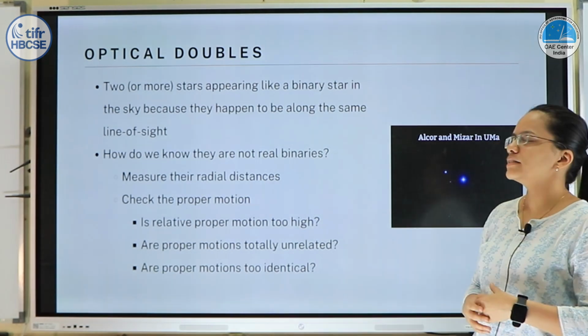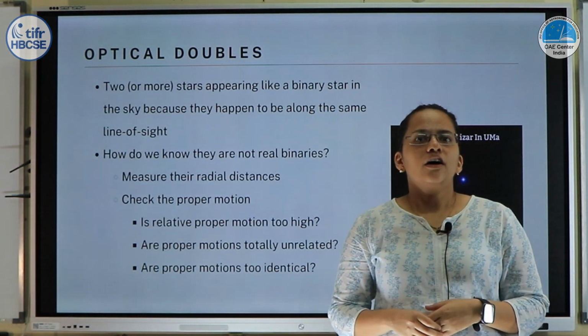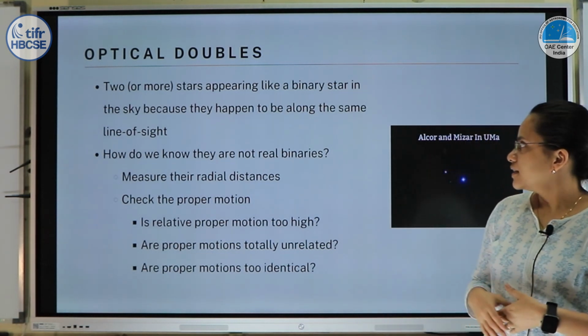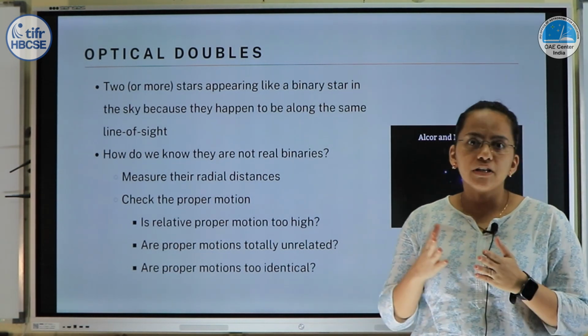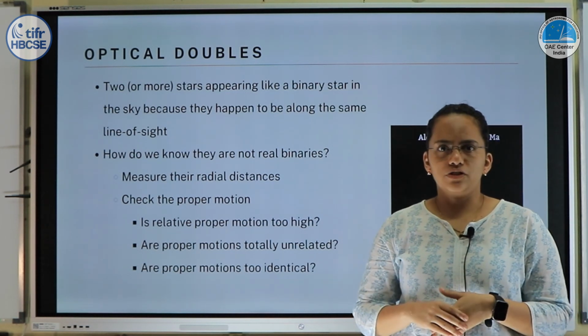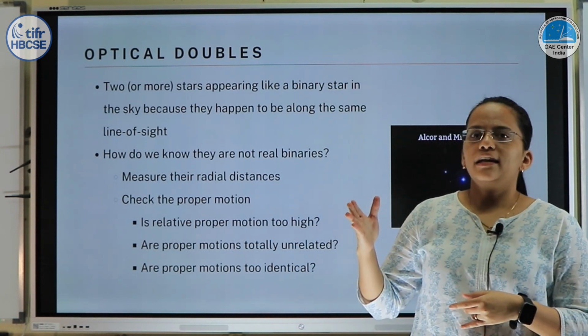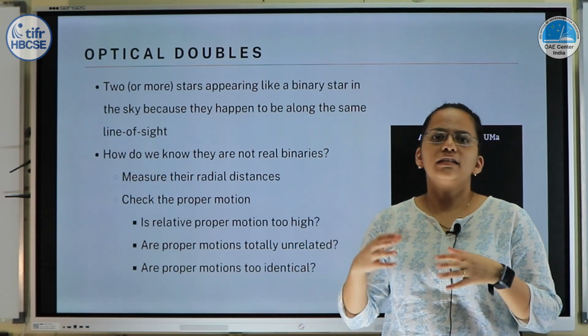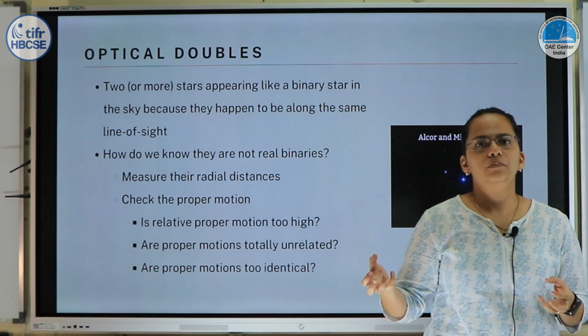So this brings us to an interesting category of binary stars, that is optical doubles. These are two or more stars which appear like a binary star, but they are not actually gravitationally bound to each other. They just happen to lie along the same line of sight, but in 3D space, they are actually far apart from each other.